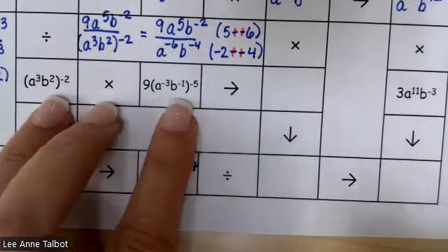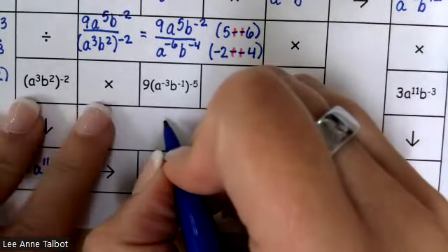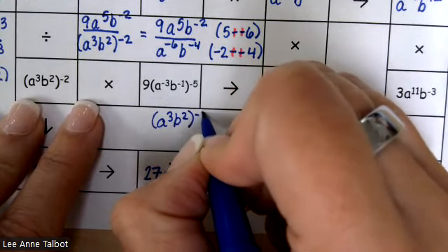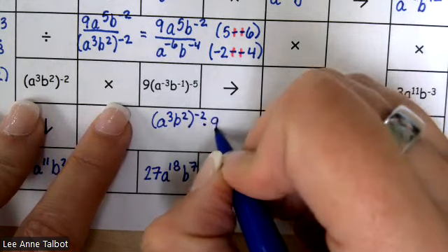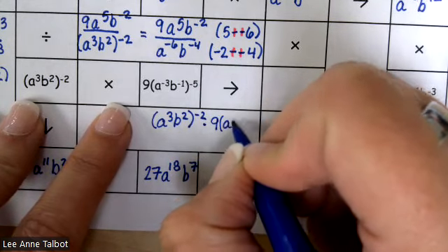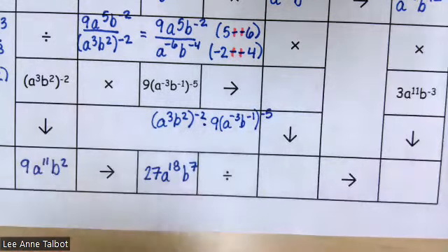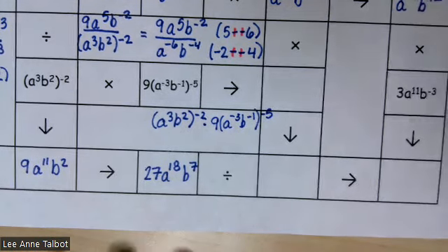All right, now we need to do this one. So we have a cubed b squared to the -2 times 9 a to the -3 b to the -1 to the -5. Yikes.